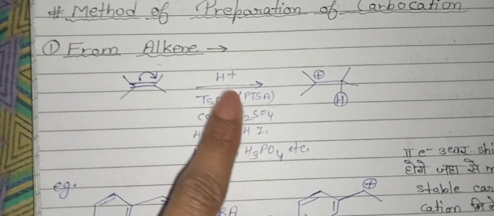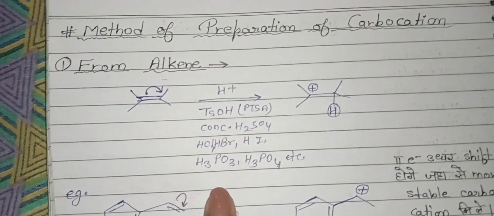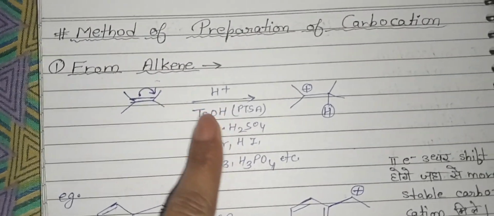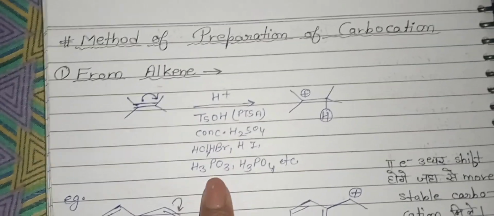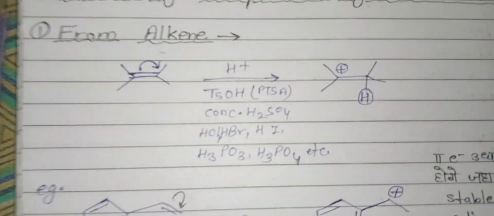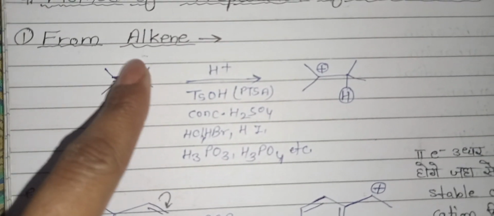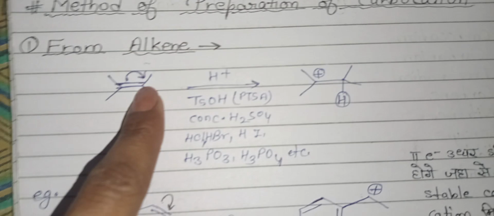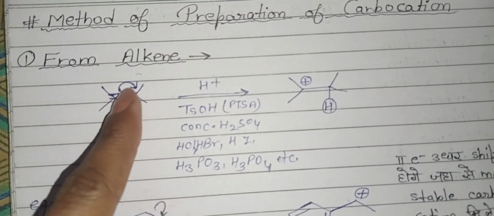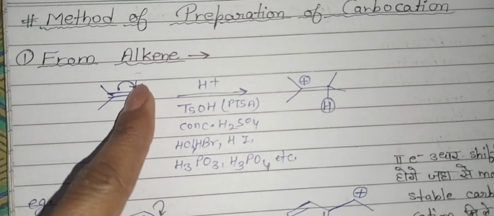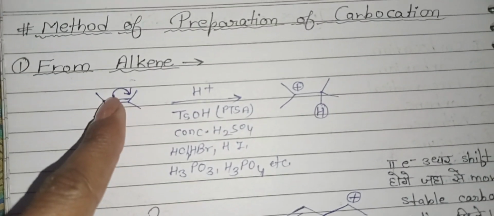In the presence of H plus, from an acid which gives H plus, this double bond migrates here, and a positive charge comes here, which means a carbocation.